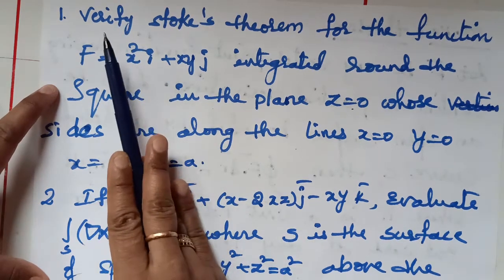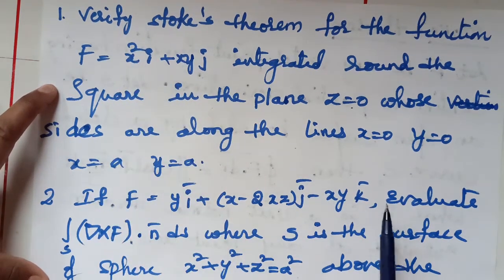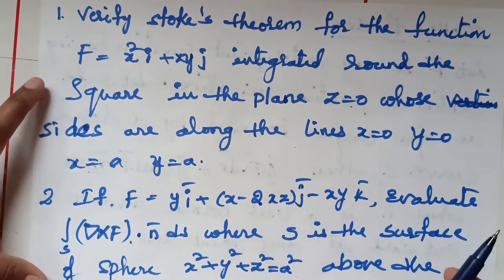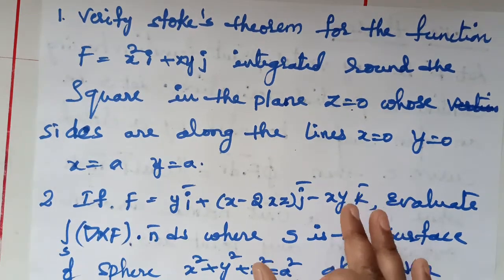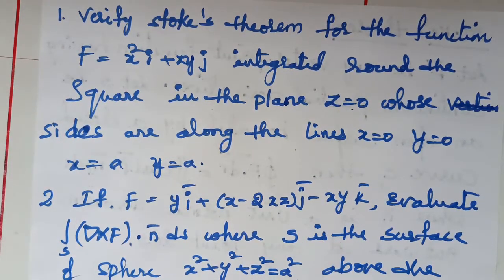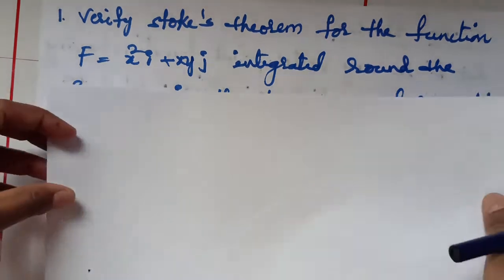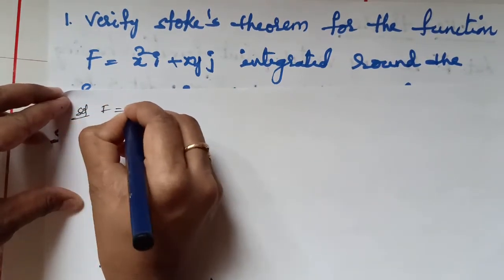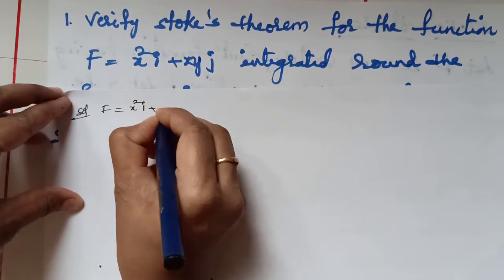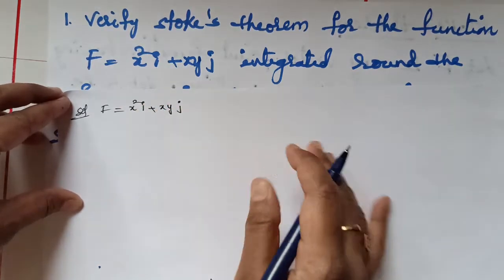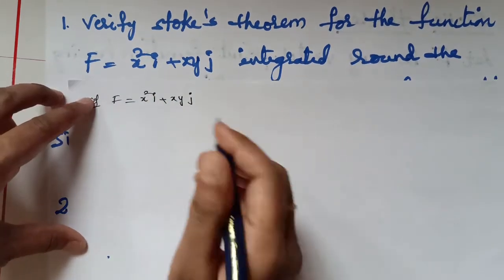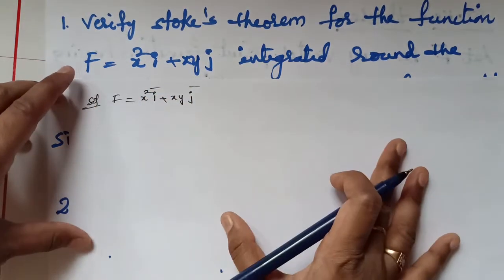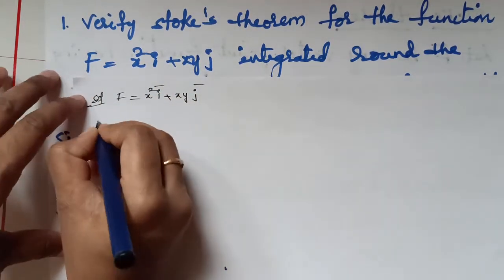So here we are going to verify Stokes theorem, and we have to evaluate the integral by Stokes theorem. Coming to the first problem, given f is equal to x square i plus xy j. Write down the given vector point function f.